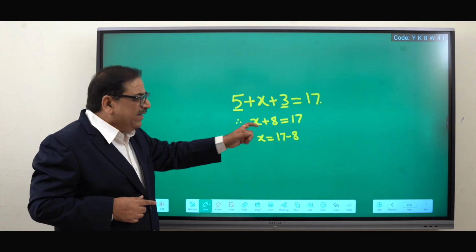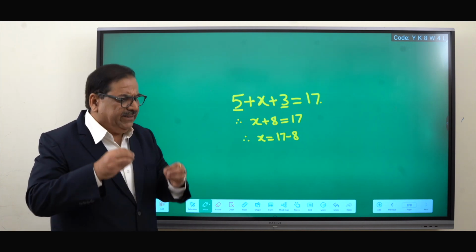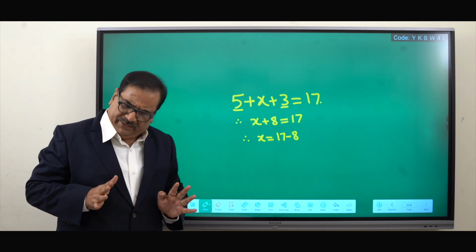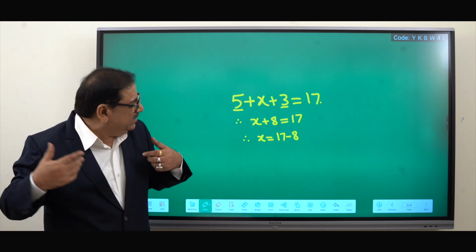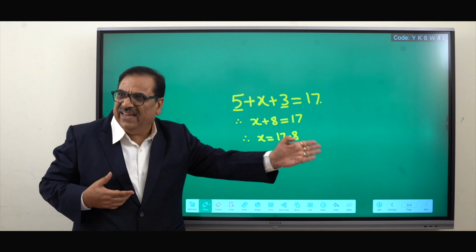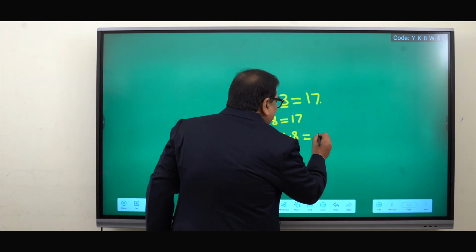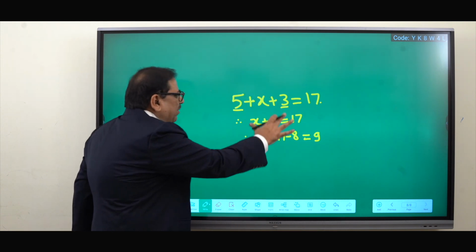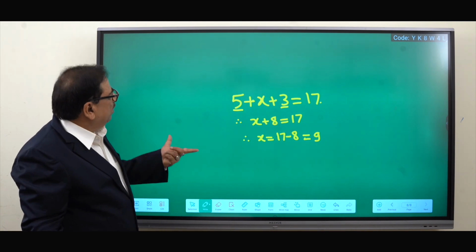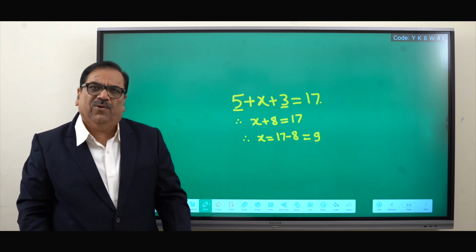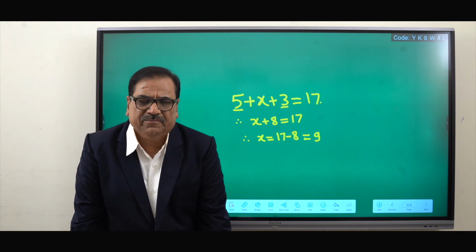So x plus 8 minus 8 is 0 and therefore the left hand side remains x and the right hand side remains 70 minus 8. 70 minus 8 is equal to 62. We were not knowing the value of x, but now we know the value of x.